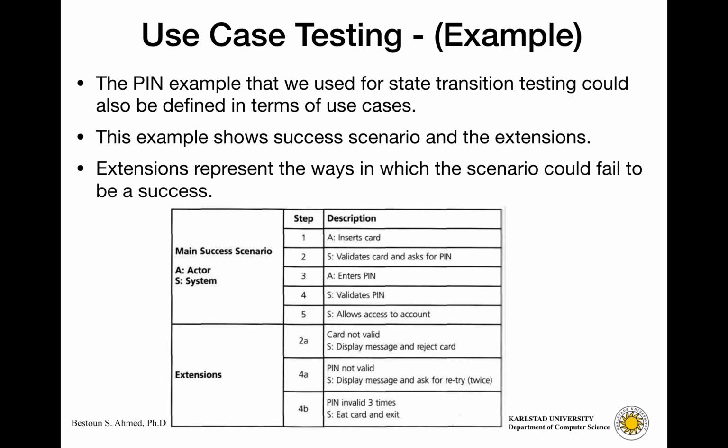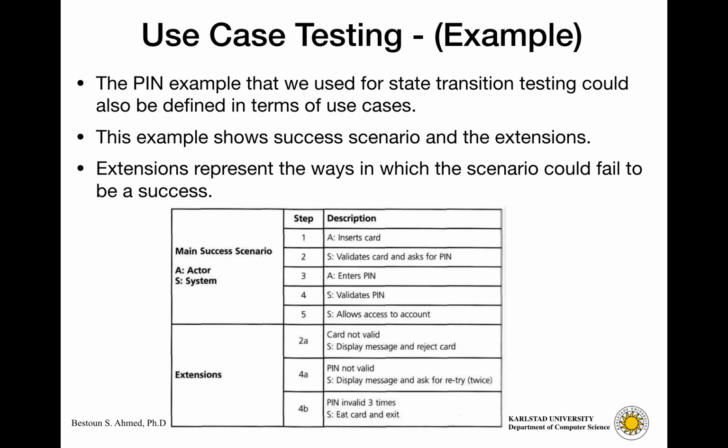Now, back to that software from a user perspective, there is another thing here. There is a use case scenario here. Main scenarios, main success scenario, for example, and we have extension and success, and extension represents the way in which the scenarios could fail.